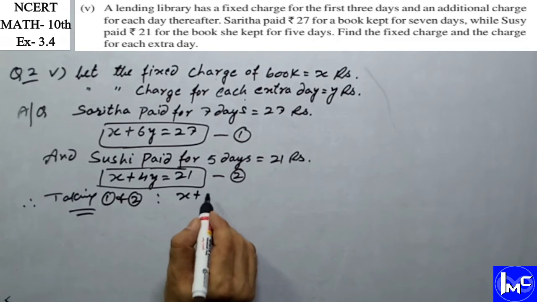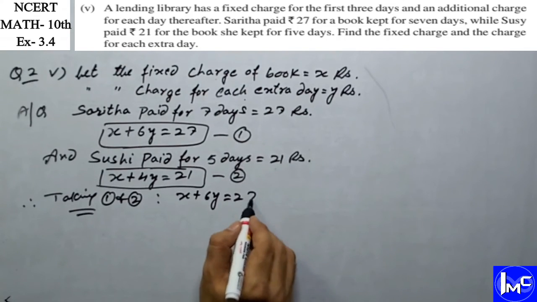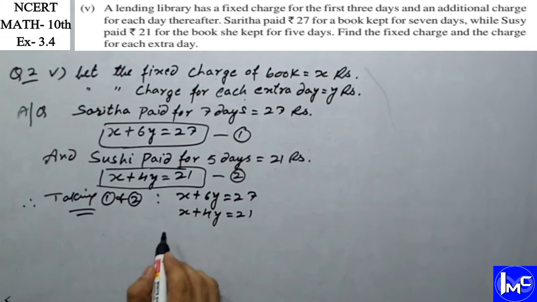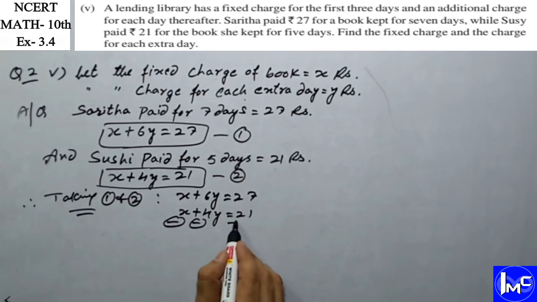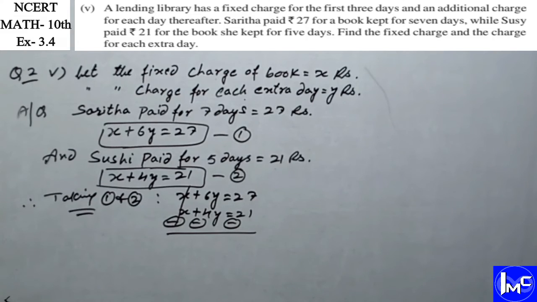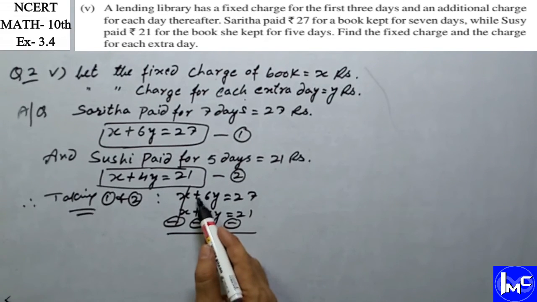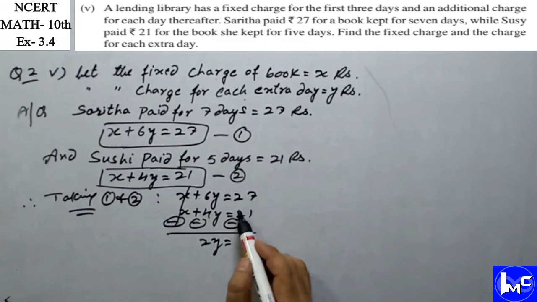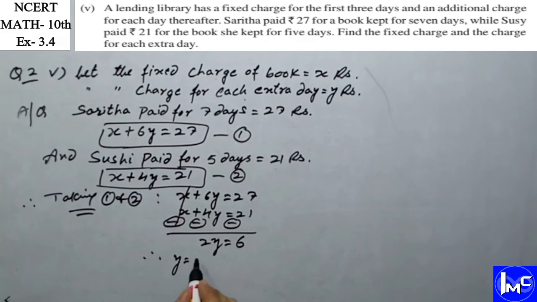So we will write these equations as they are: x plus 6y is equal to 27 and x plus 4y is equal to 21, and by changing the signs we will cancel the first variable x, and plus minus minus will be 2y here, and 27 minus 21 will be 6, and so y is equal to 6 over 2, and by cancelling we will get 3, and so y is equal to 3 is our first value.